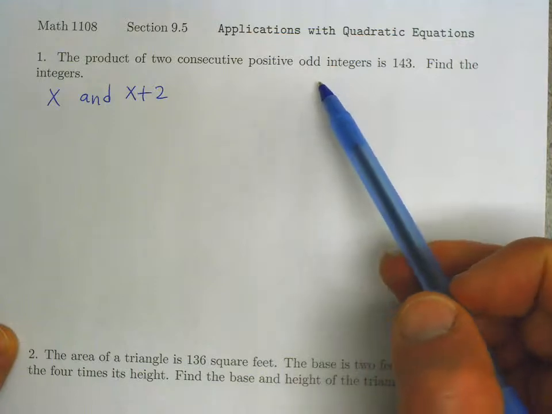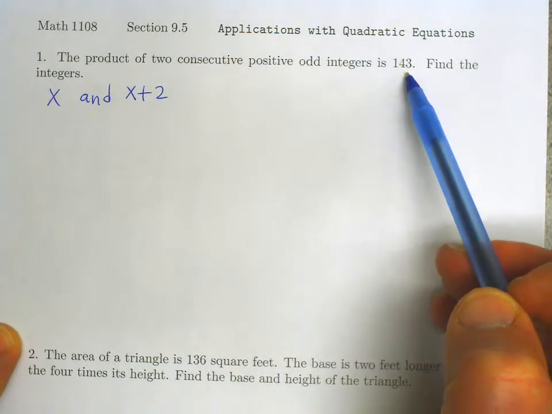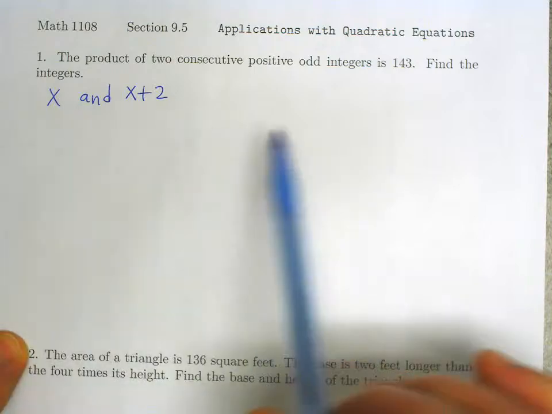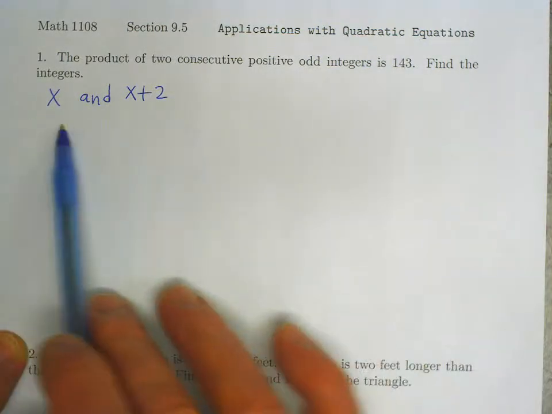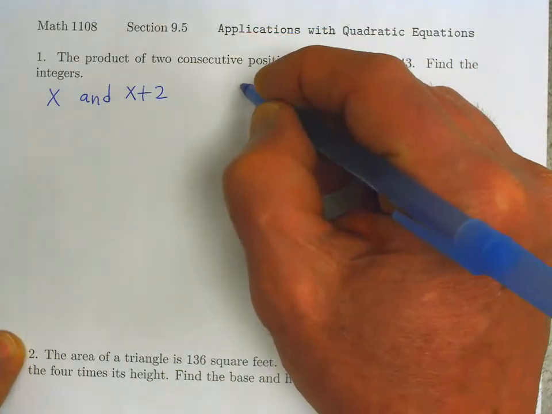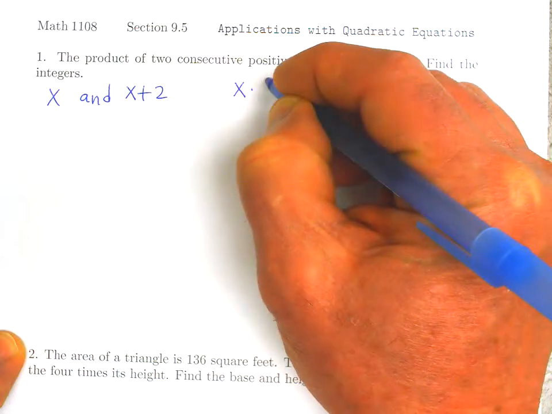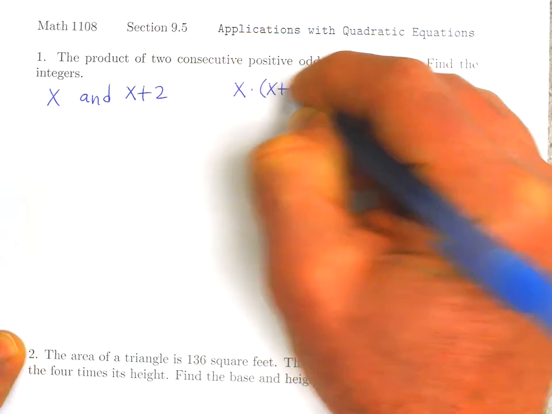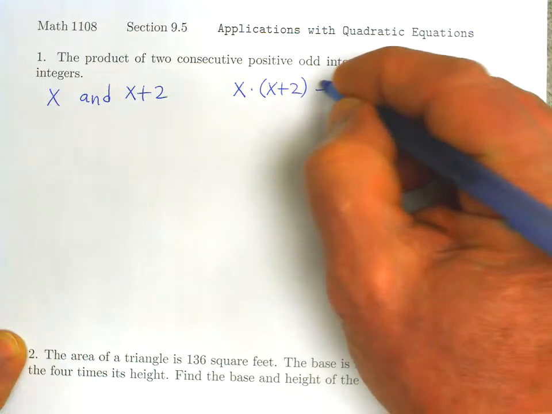Okay, we're told that the product of those consecutive odd integers is 143. So this is where we formulate an equation based upon our variable assignments and the information given in the problem. The product is what you get when you multiply. So we multiply x times the binomial x plus 2, and the product is given to be 143.